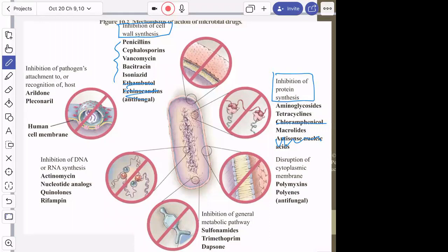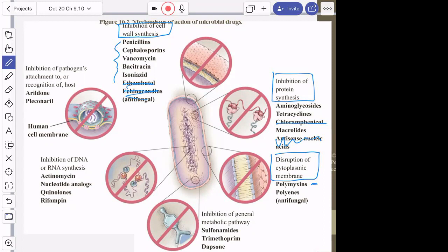Disruption of the cytoplasmic membrane. We don't have as many drugs that can do that because bacterial membranes are very similar to ours, so we have a lot of toxicity issues there. The cell membrane inhibitors that we do use, we can only use on our skin.